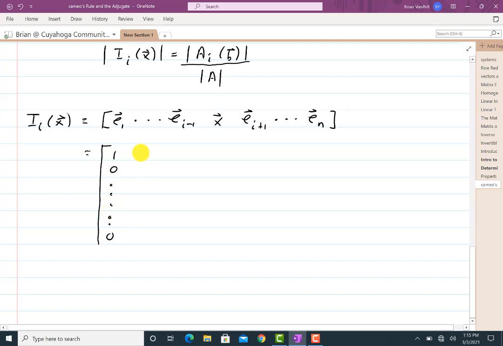There's the first one, and then we have this one. And as we go on, dot, dot, dot, let me get to column i. When we get to column i, then I'll have x1, x2, dot, dot, dot, up to xn. So there is the vector x.